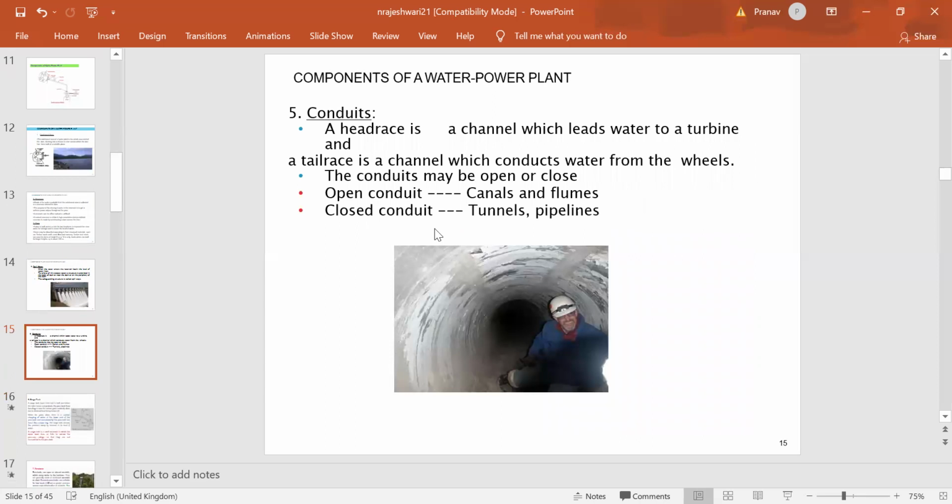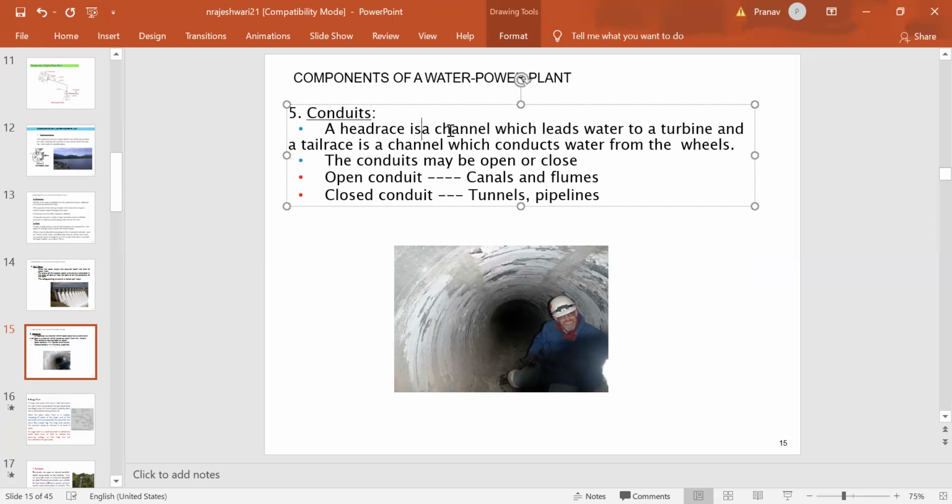And coming to the conduit. The headrace is a channel which leads water to the turbine, and the tailrace is a channel which conducts water from the wheels. So the headrace is a channel which leads the water to the turbine, and the tailrace is a channel which conducts water from the wheels.